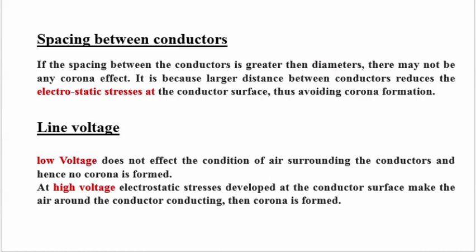Next we have line voltages. Voltages play a very important part in corona formation, because at high voltage corona formation is very easy. As mentioned, low voltage does not affect the condition of the air surrounding, and hence no corona is formed. It means at low voltages the air surrounding the conductor does not ionize, as low voltage does not have any impact on it.